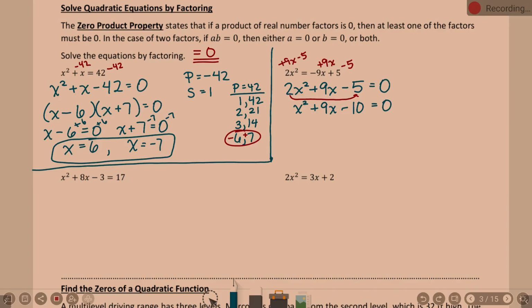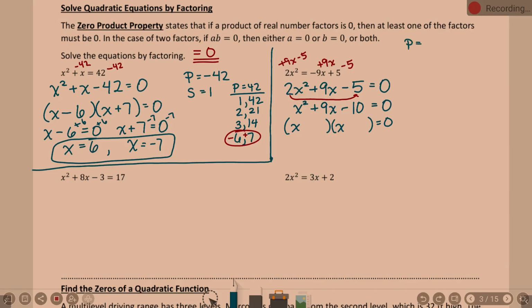Now that you've gotten that 2 out from out front, now we're ready to factor, yes? X squared breaks into x and x. What kind of numbers do I need?